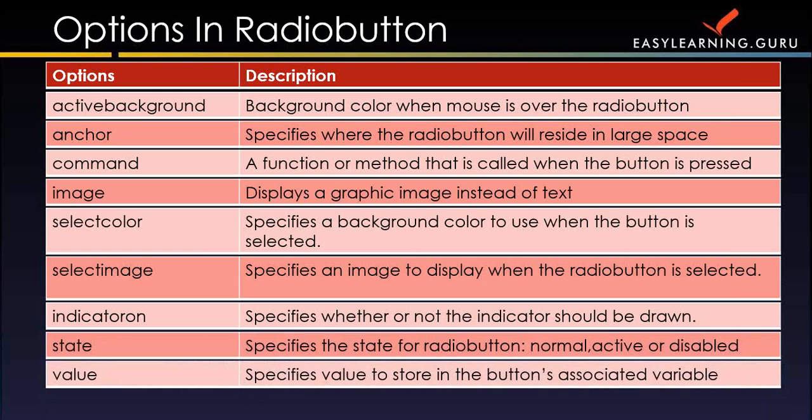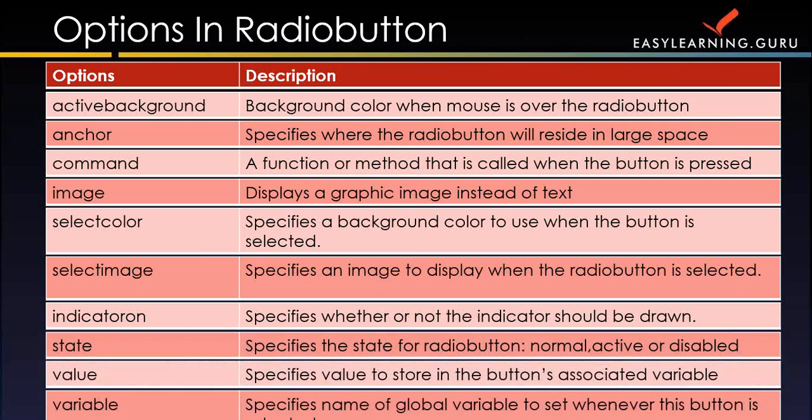Then we have value, which specifies the value to be stored in your button's associated variable. With your variable, this specifies the name of the global variable to set whenever this button is selected. So as I told you, with your check button and your radio button, the variable entry is kind of mandatory. You should always use it in order to get the values from your check button and your radio button.